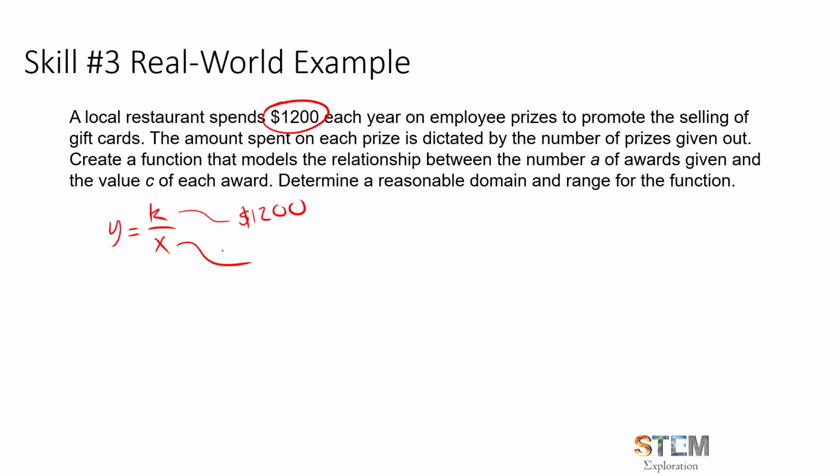And the number of awards, they want you to label as A, which is the number of awards, and y is going to represent the C that they want you to dictate, and this is going to be represented by the value of each award.